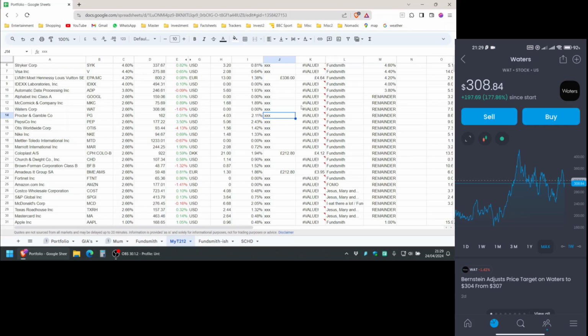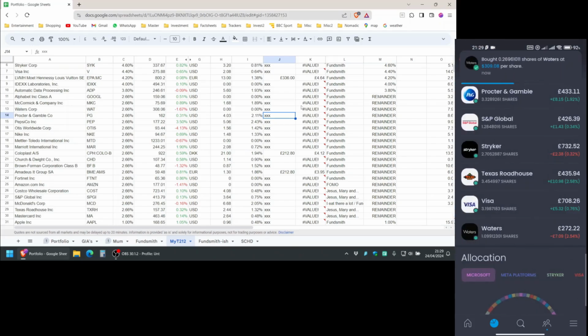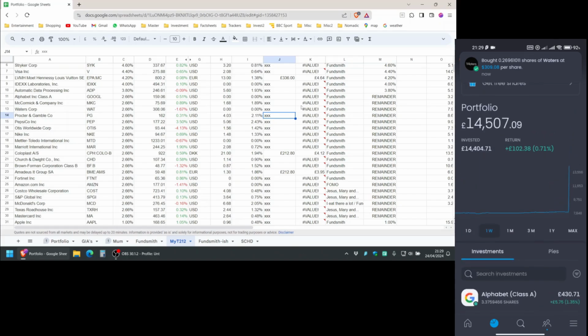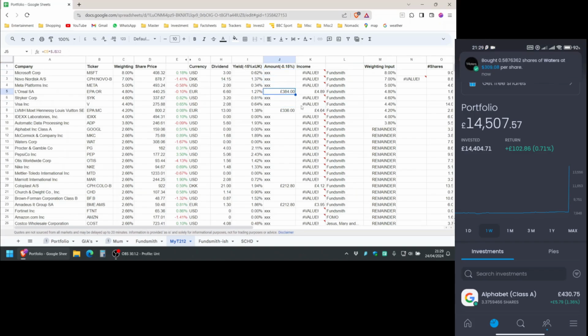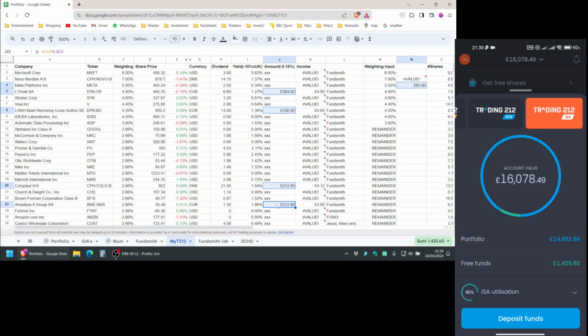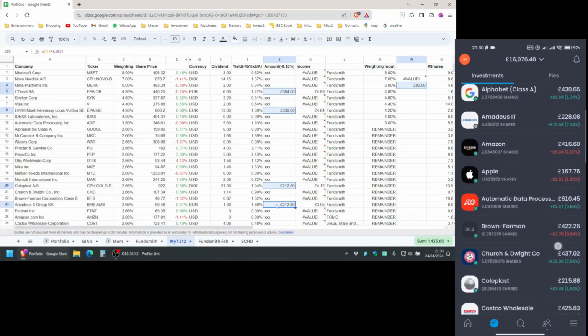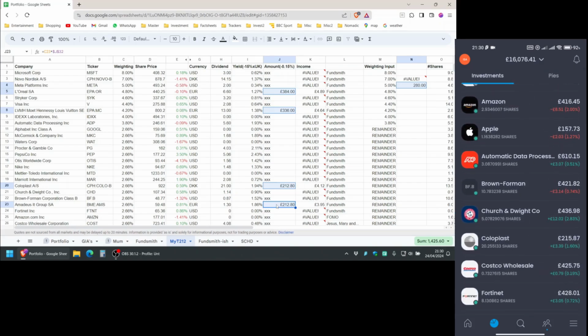Let's just double check, shall we? So that's done. I guess the way of checking is the amount of money left should match. Yeah, 1425.6 and 20p of interest from before. Yep, so that's right. And there's the portfolio with the new values, I hope.